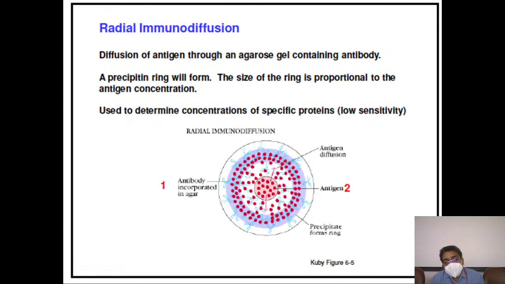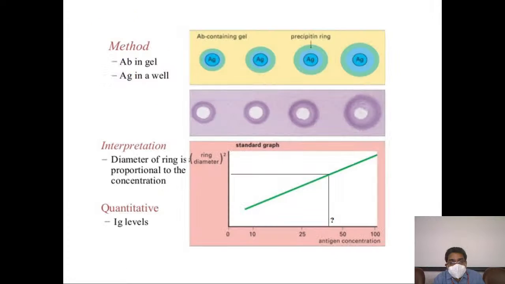The ring is formed where antigen and antibody are in optimal concentration, and if more antigen is there, the ring will be larger because it requires more diffusion through the agar to reach the optimal concentration. So it is used to determine the concentration of specific proteins, though it has low sensitivity.